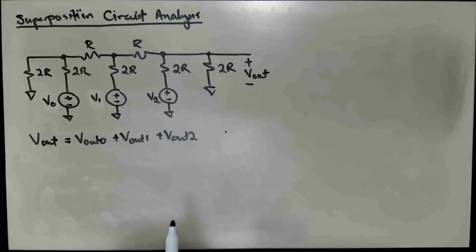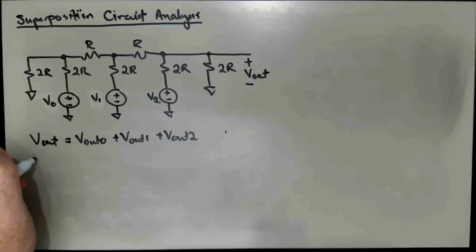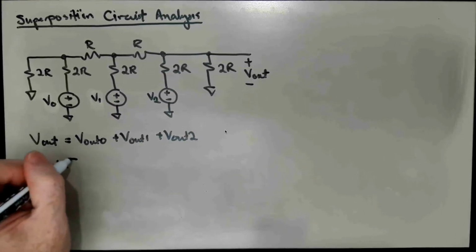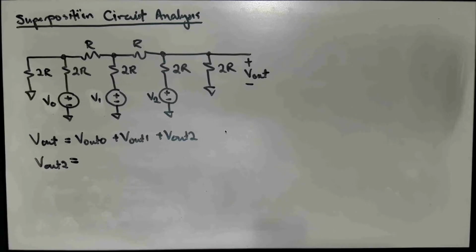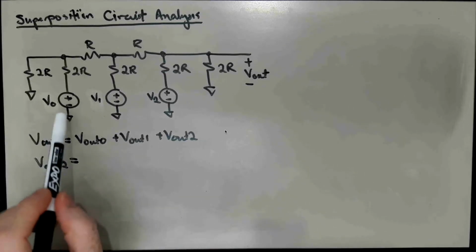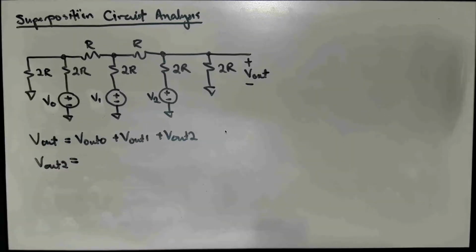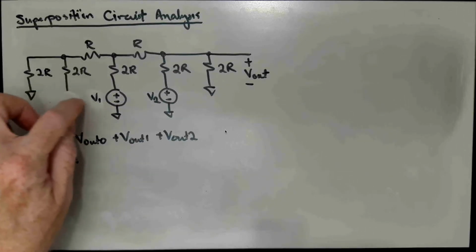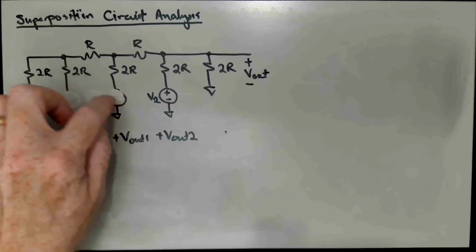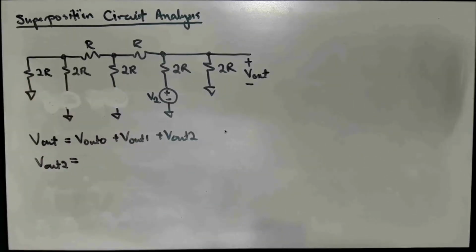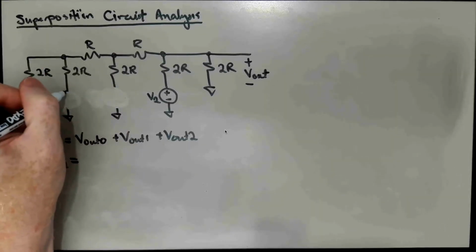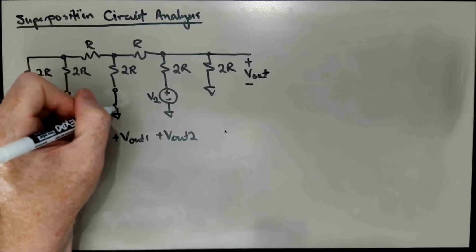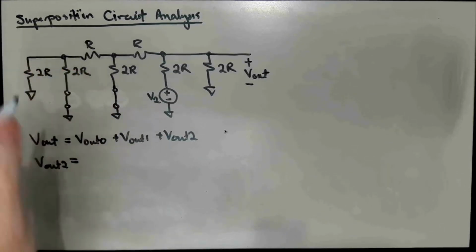And so let's start with the voltage source that's closest to the output here. We'll start by looking at Vout 2. To get Vout 2, we're basically going to disable or turn off V0 and V1. And you remember the way that we do that is we replace them with a short circuit, like so.